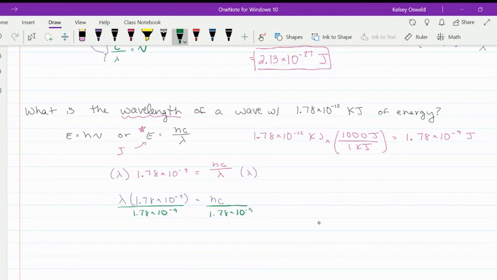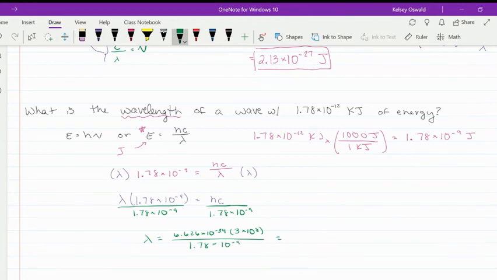Okay. Now that I have wavelength by itself, I'm at a point where it's an easy position to plug in the values that we know. So we know h is always 6.626 times 10 to the negative 34th. c is always 3 times 10 to the 8th. And we're going to divide that by our energy, so 1.78 times 10 to the negative 9.